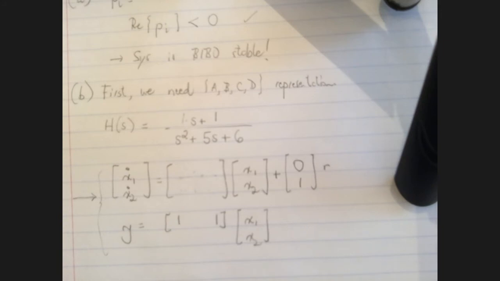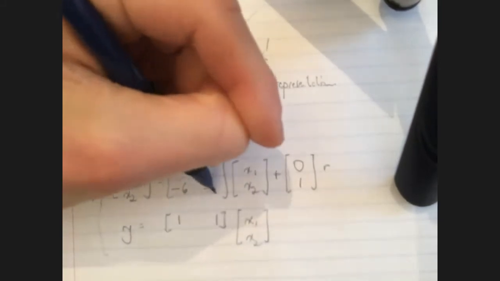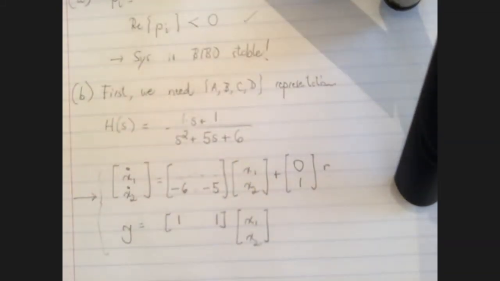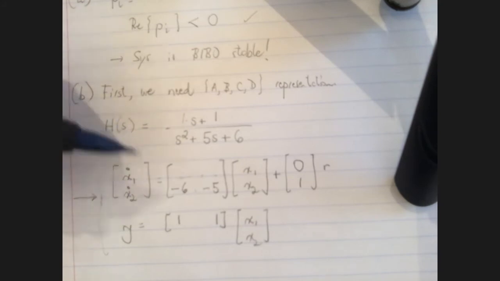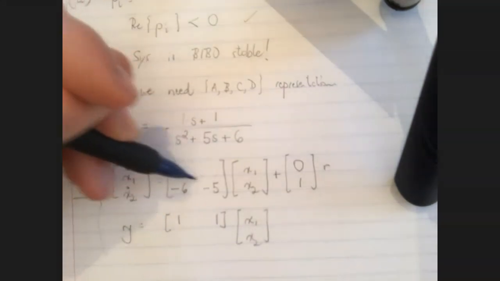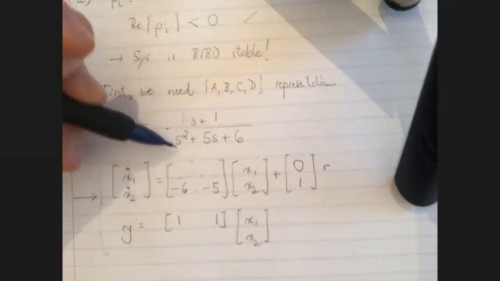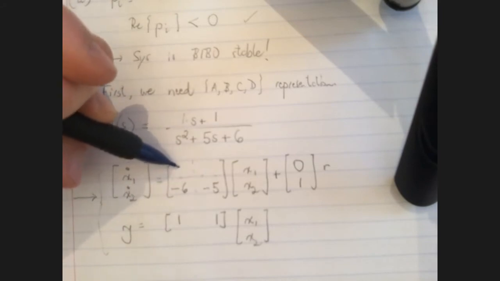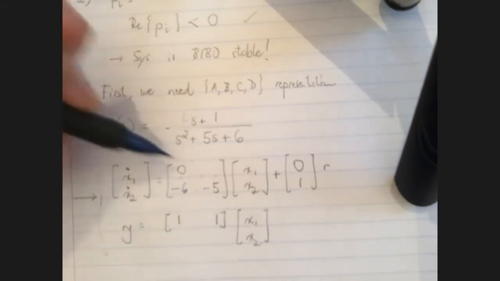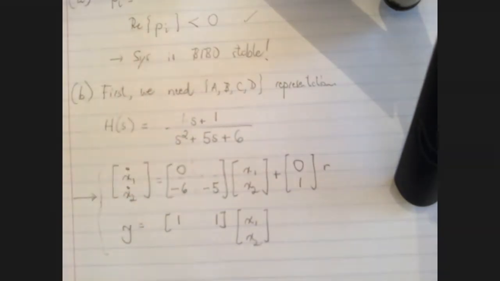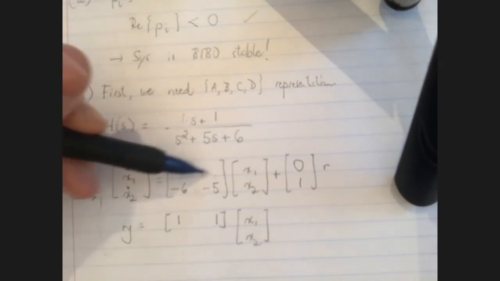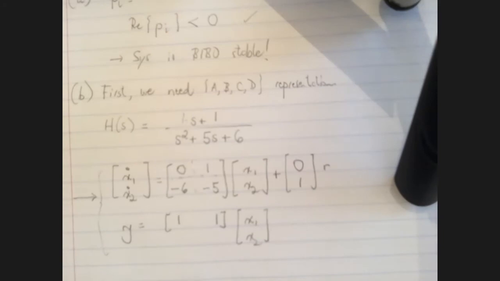Minus 6, minus 5, great. Awesome. And we said that in terms of what remains, over here, this was going to be a column of all zeros. It's a very short column with only one 0. And then this part over here was going to be an identity matrix. In this case, it's just a 1 by 1 identity matrix, so it's just the number 1. So you end up with that. So that's your A, B, C, D for this one.